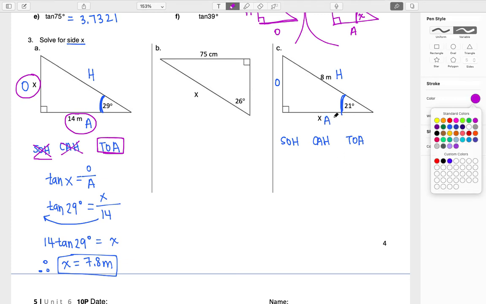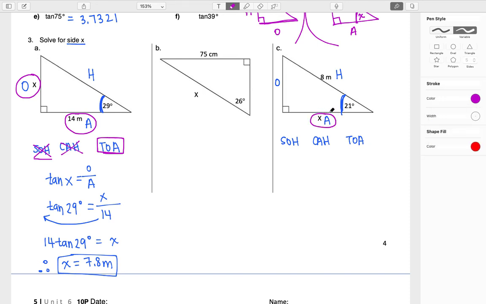Using process of elimination, we are looking for a, and we're given h. So which formula contains a and h? It's cosine, ka. So sine and tangent is out of the picture because we're looking for adjacent, a, and we're given hypotenuse, h.